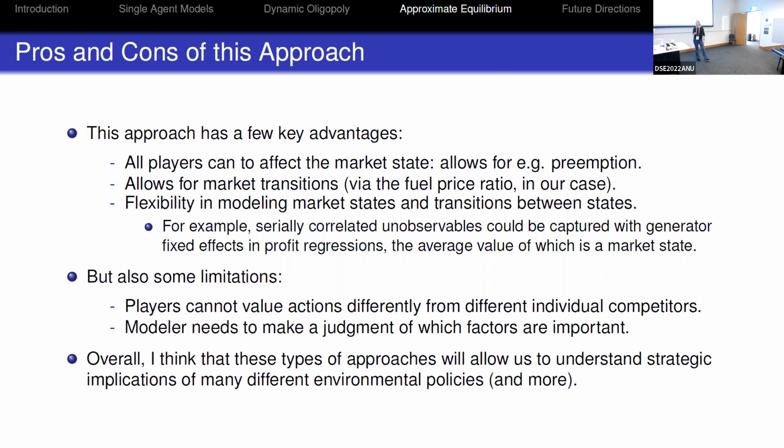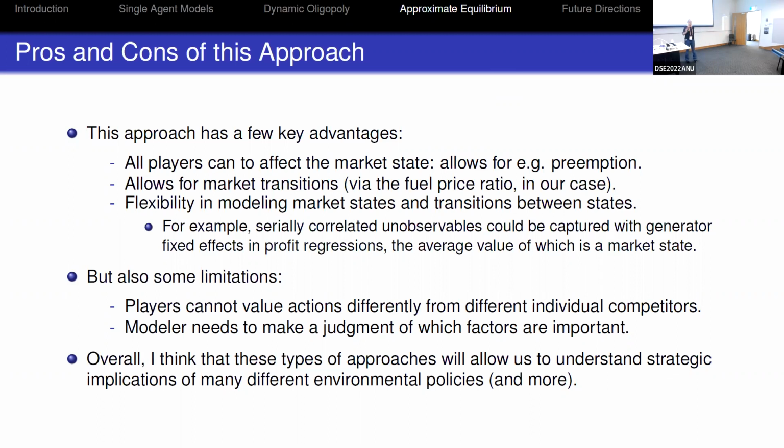And the interesting thing about that is the average value of the firm fixed effects of the firms in a market could be an aggregate state that we allow you to have expectations over. You have expectations over all sorts of things that might affect your profits. And that would allow for some serial correlation in the paper. So we're batting that around.